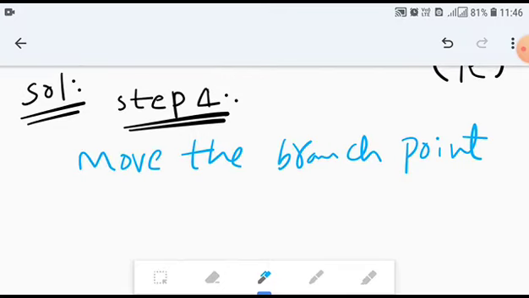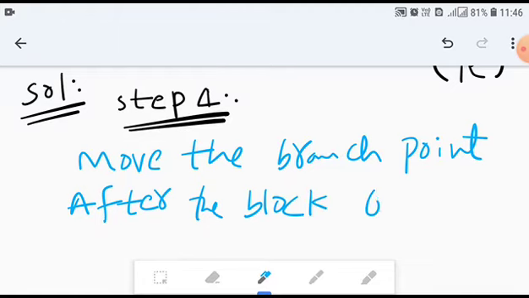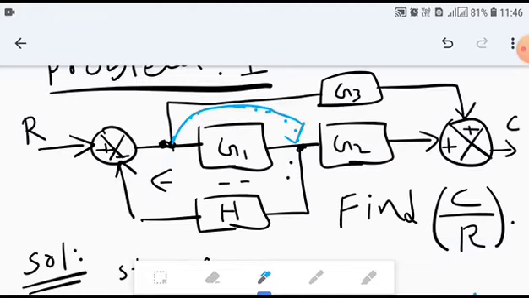So move the branch point after the block G1. After the block G1 we are moving the branch point, this branch point which I am making dark blue, this one. Okay, this is also called takeoff point or branch point.